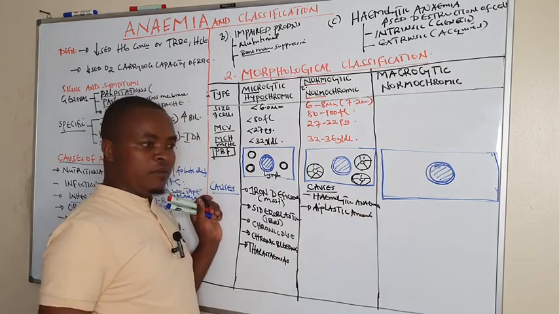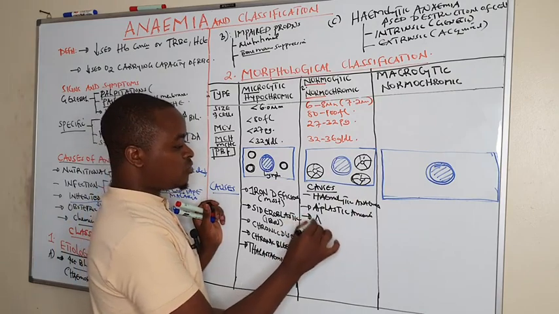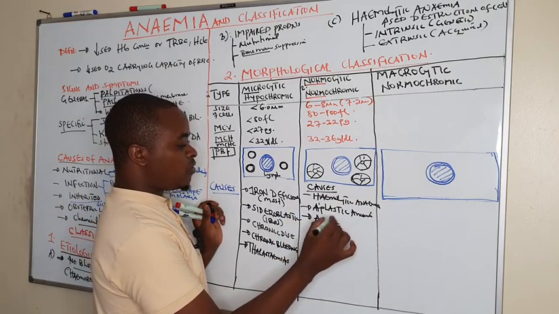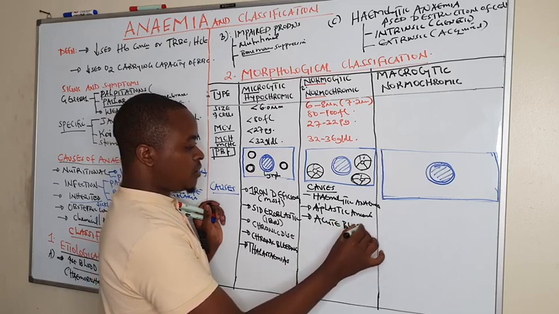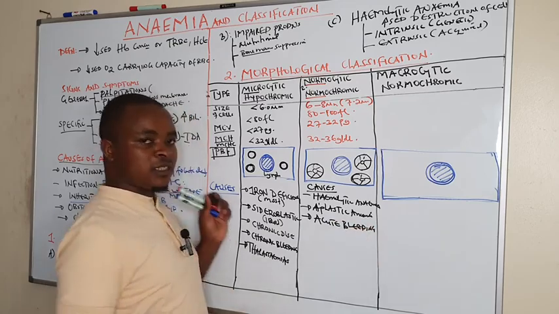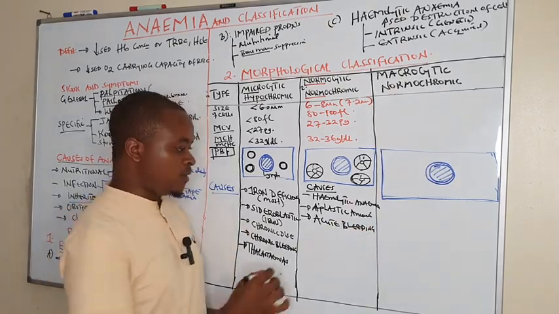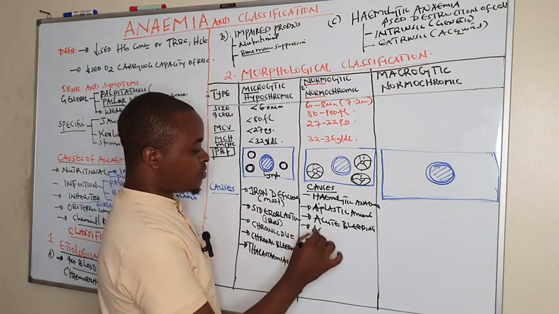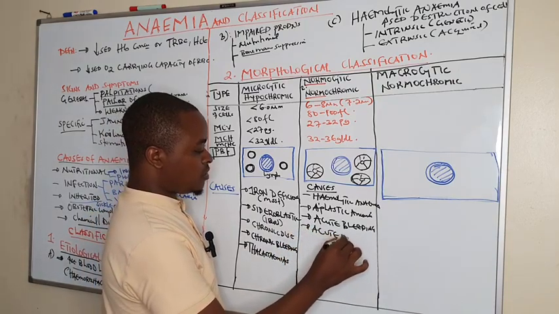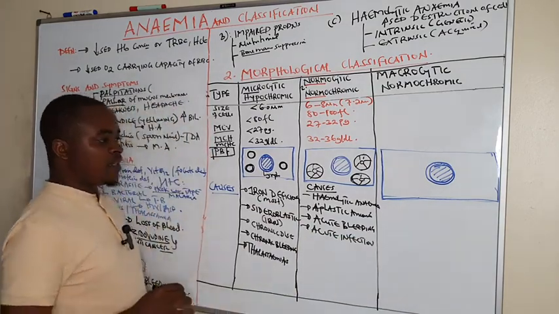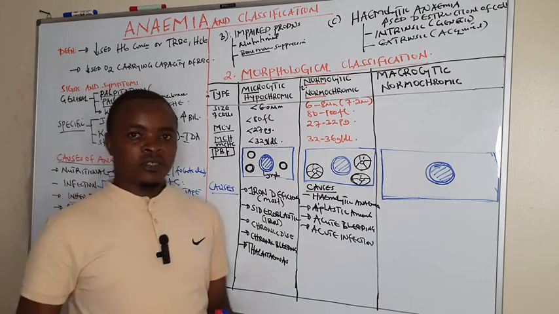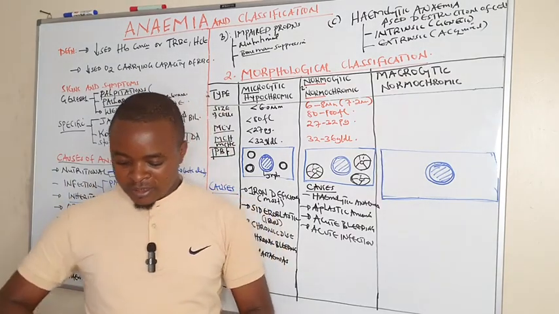We can see it in acute hemorrhage, after you have got a road accident and you have acute bleeding. The type of anemia is normocytic, the cells are normal in size and HB content. Then even acute infections like bacterial or parasitic infections, we find they have normal cells which are normal in size.